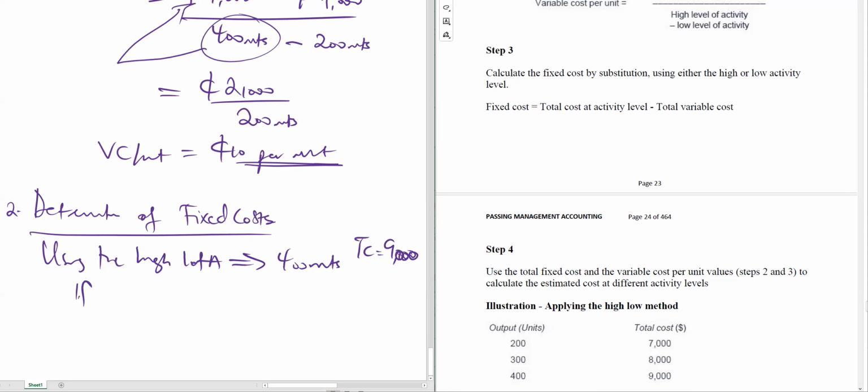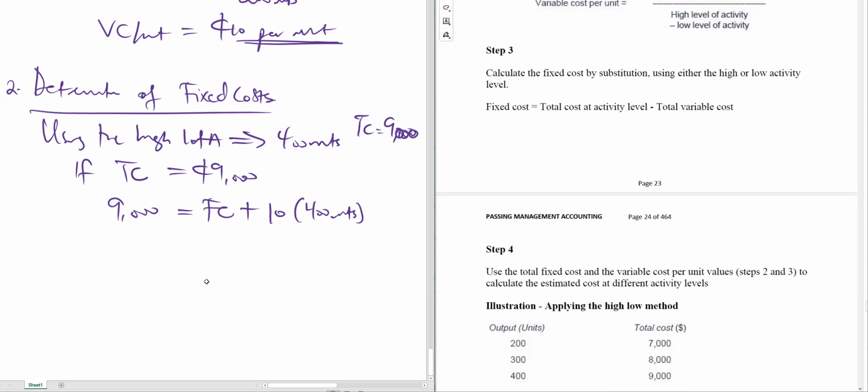So if total cost is equal to 9,000, then we know that 9,000 equals fixed cost plus variable cost of 10 CDs times 400 units. Do you all understand? Yes, sir. Because total cost equals fixed cost plus variable cost per unit times the number of units, right?